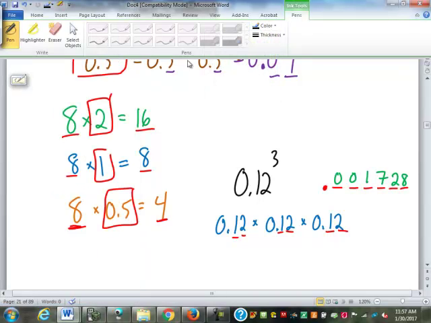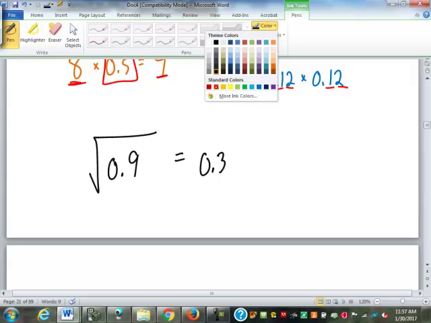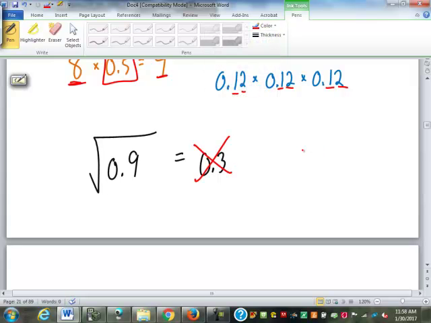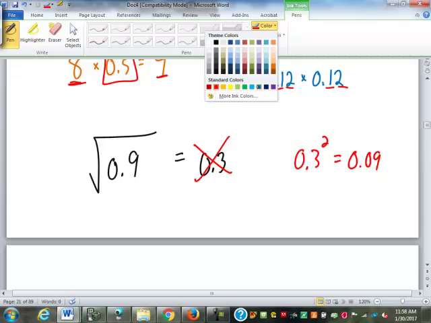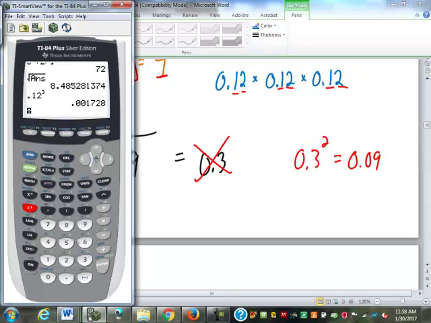The other side of it that's really easy to get stuck on then is the square root. It's real easy to jump in and say, oh, the square root of 0.9 has to be 0.3. But again, that's not correct. 0.3 squared is 0.09. The square root of 0.9 is going to be an ugly decimal.